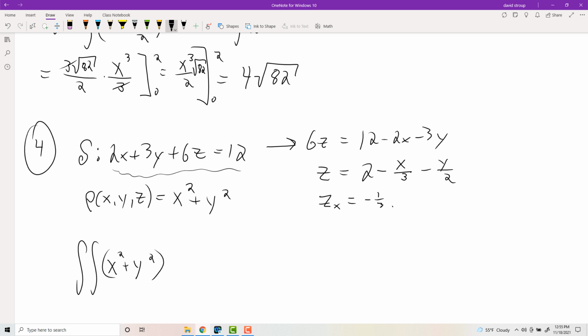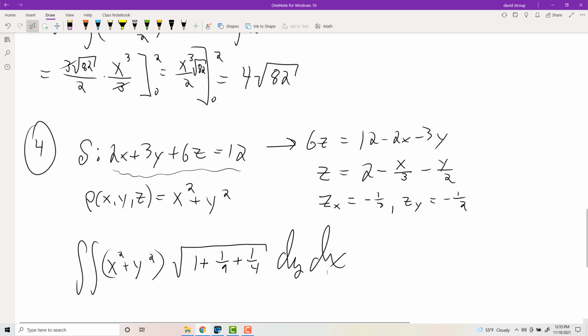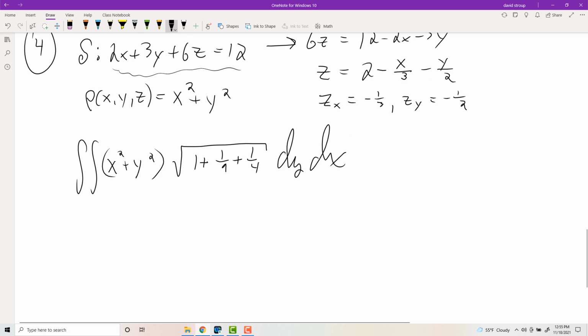Negative 1/3, and then zy will be negative 1/2. So it'd be x squared plus y squared times the square root of 1 plus 1/9 plus 1/4, and then your dy dx. We need to get the projection of the surface into, I think it said the first octant.